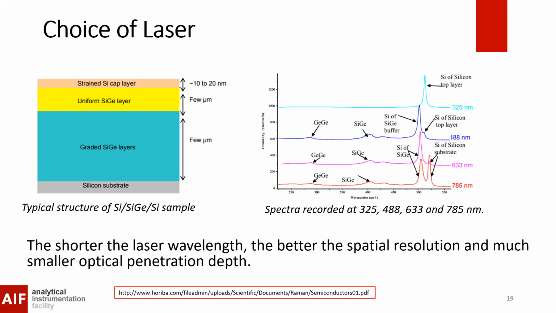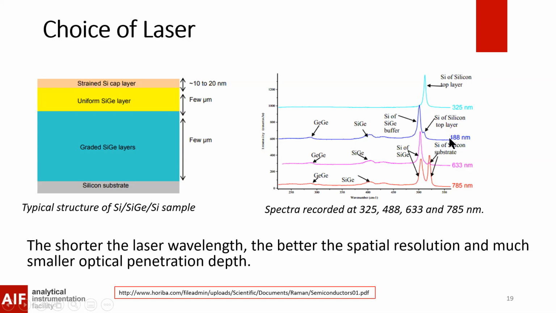And let's see how the choice of lasers, with different wavelengths, can affect the information depth over here. If we are using a shorter laser wavelength, for example, 325 nanometers, only the silicon from the silicon top layer can be observed, as you can see over here.